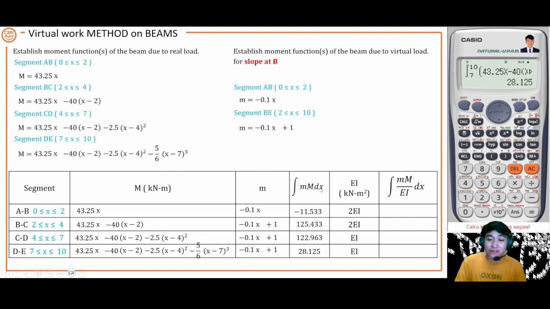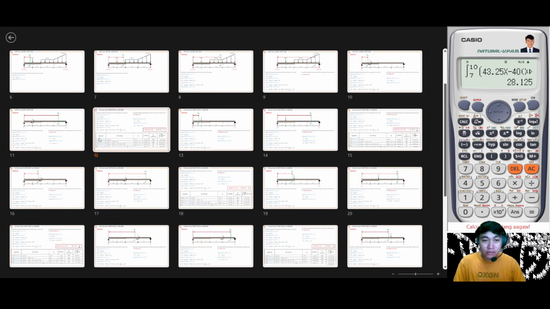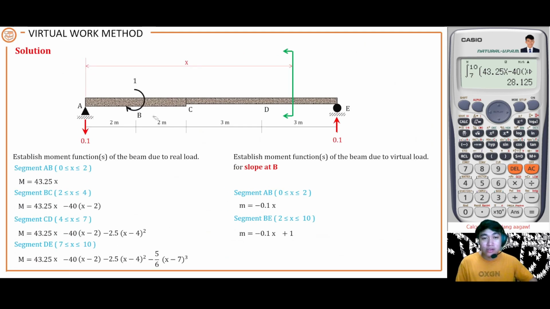Now, as you can see here, we have over EI. Since you already have the value of this one, all you have to do for the last column is divide this value by your EI. So let's take a look.